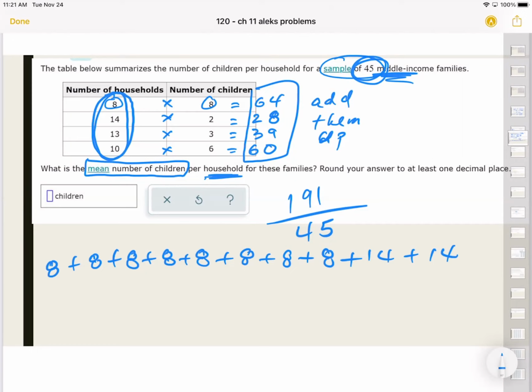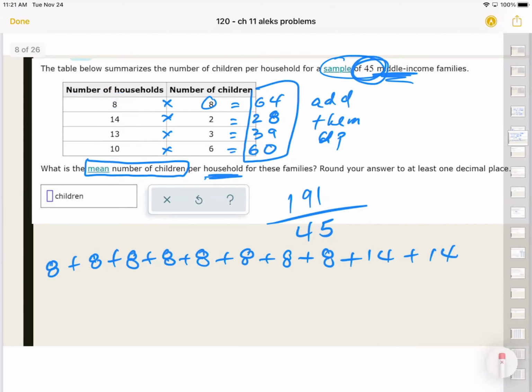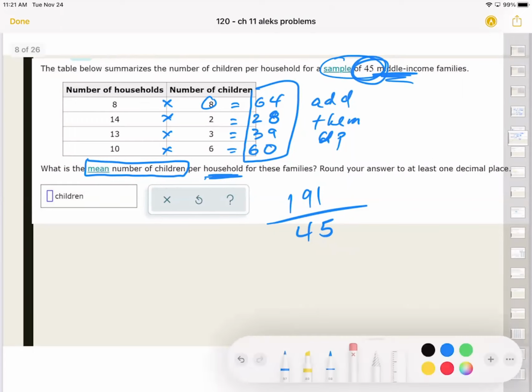So again, this tells you that you have 8 of the 8, instead of saying 8 plus 8 plus 8 plus 8 plus 8, we just say 8 times 8. And instead of adding 14, you add them up, or in terms of multiplying them, and then you have to divide by 45. And again, whatever the number comes out to be, that will be your mean.